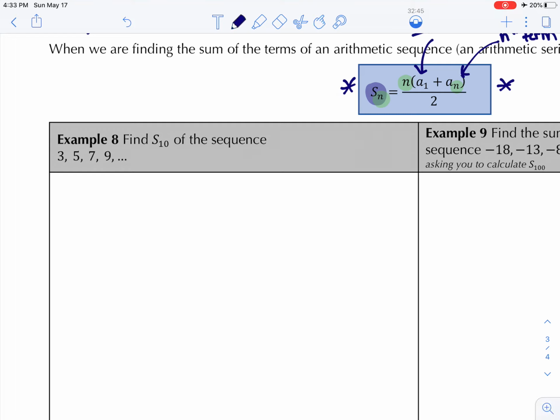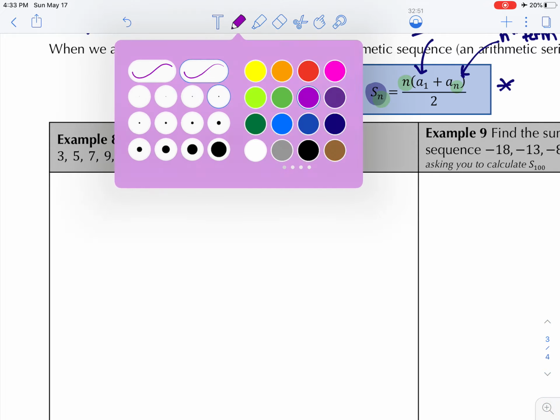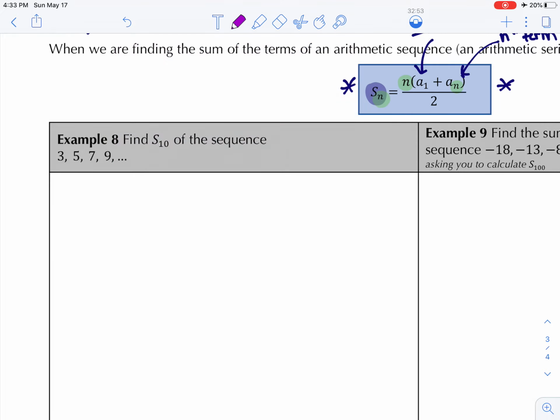So we're asked to find S sub 10 of the sequence 3, 5, 7, 9. So another way to be asked this question is find the sum of the first 10 terms of that sequence. Okay, so that's another comparable way of asking you this question. But either way, we're going to rely heavily on that formula.